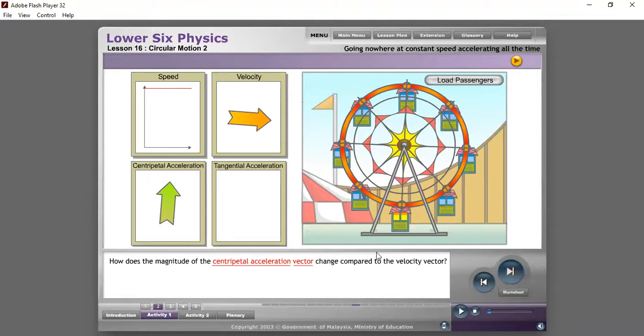How does the magnitude of the centripetal acceleration vector change compared to the velocity vector? Centripetal acceleration always points to the center.